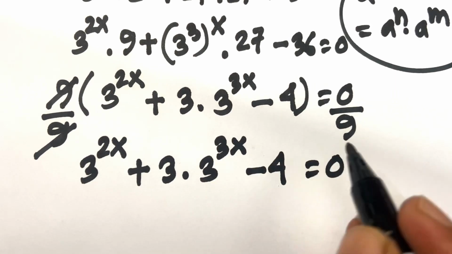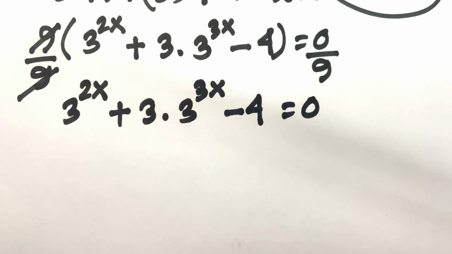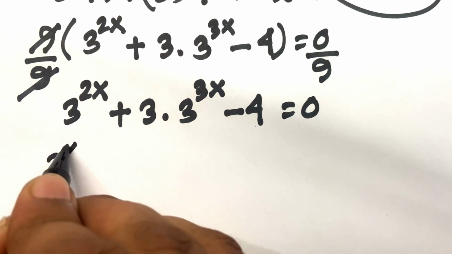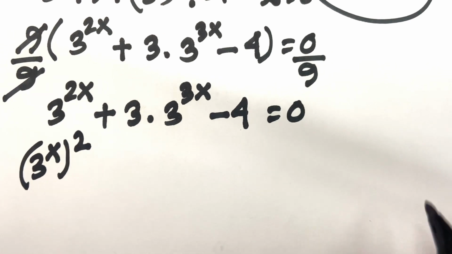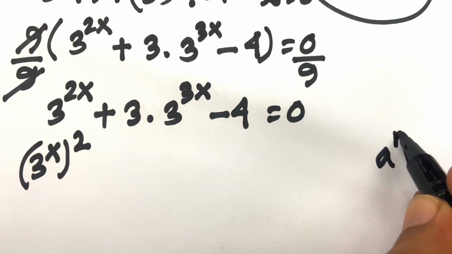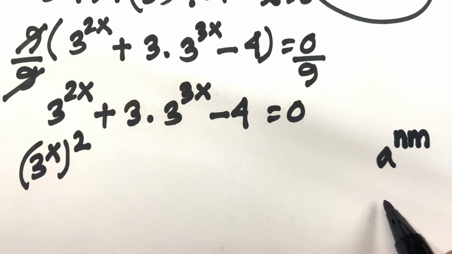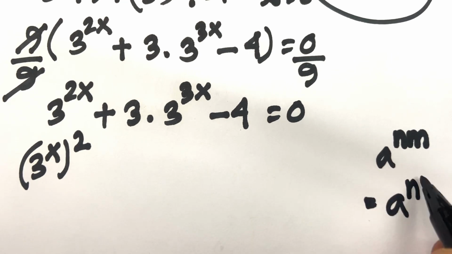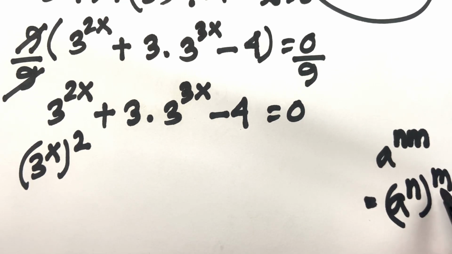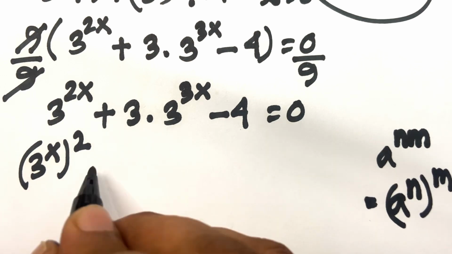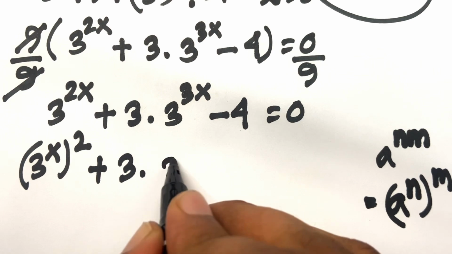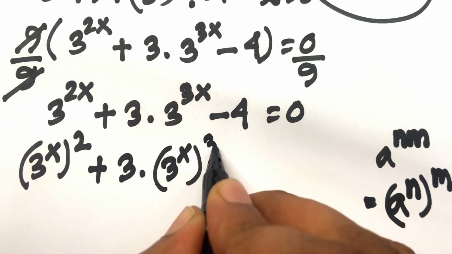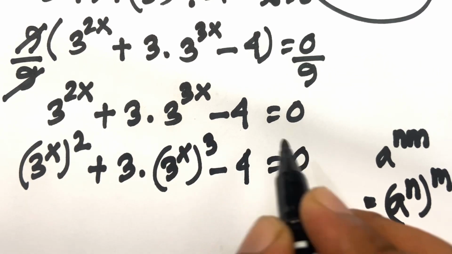Now look, here is (3 power x) to the power 2. According to the exponential rule, a to the power mn is equal to (a to the power n) to the power m. Following this rule, 3 times 3 power 3x is like 3 times (3 power x) cubed, minus 4 is equal to 0.